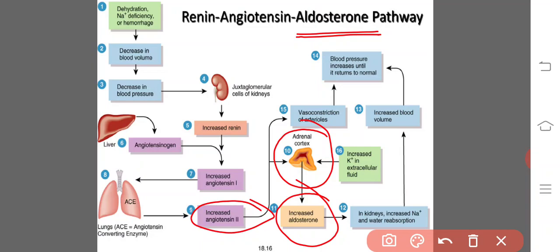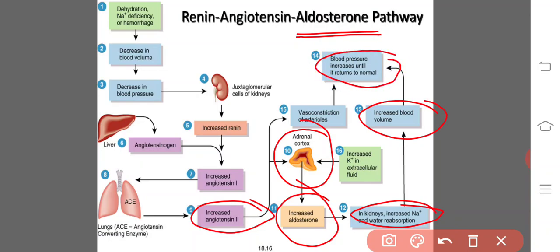And there will be increased reabsorption of sodium and water. The reabsorbed water mixes with the blood, and thereby there is an increase in the blood volume, and thereby an increase in the blood pressure. Not only that, there will be vasoconstriction by angiotensin 2.